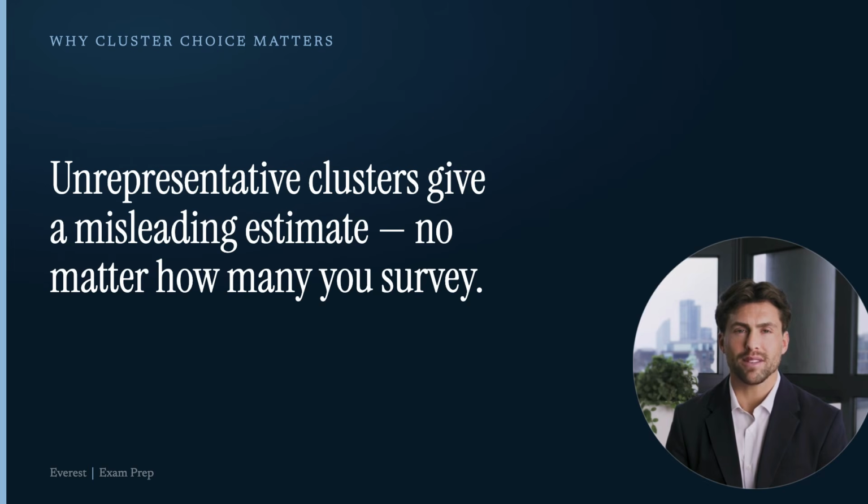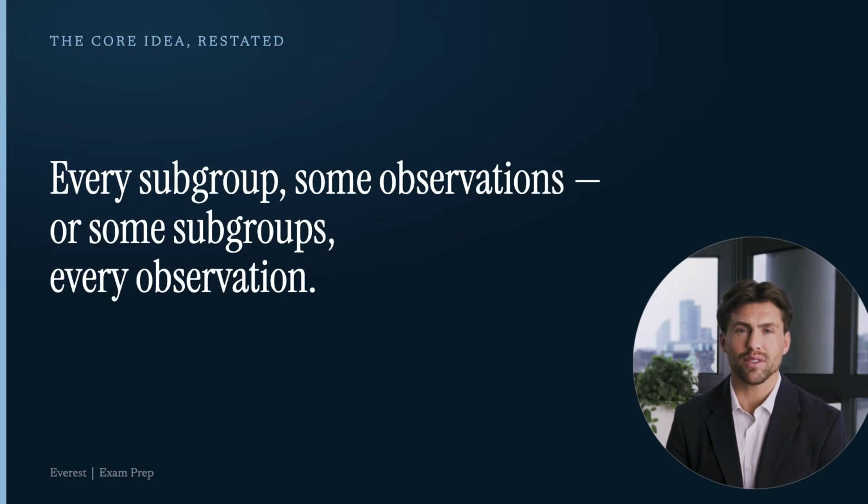Researchers often address this by selecting more clusters, sampling fewer individuals within each one, and weighting the results to reflect differences in cluster size and selection probability. The central distinction is straightforward. Stratified sampling selects some observations from every subgroup to improve representation and precision.